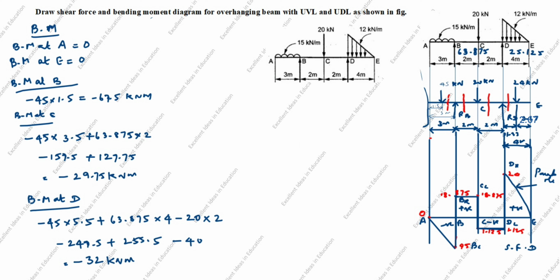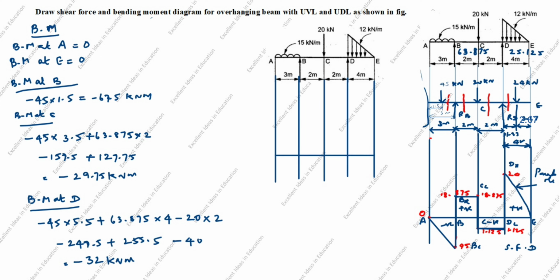Now we will draw the bending moment diagram. You see bending moment at A is equal to 0, E is equal to 0. Now we will take this A point is 0, E point also 0. This is D, C, B. Next, bending moment at B is minus 67.5. We will take here 67.5.